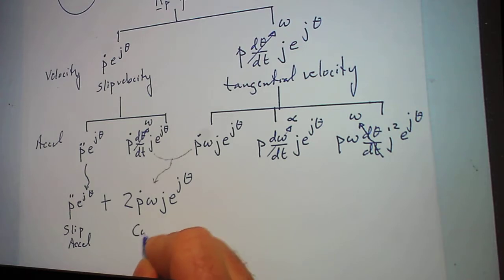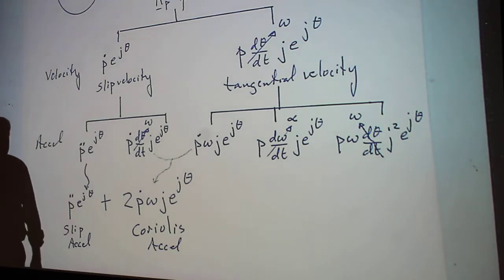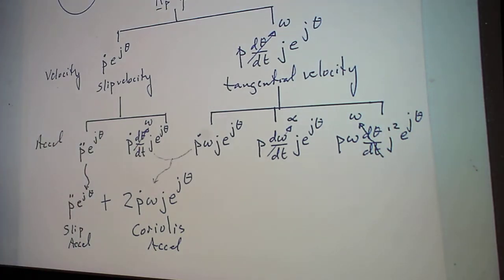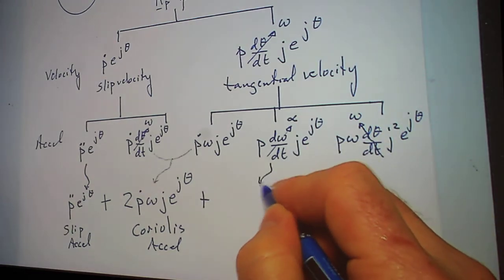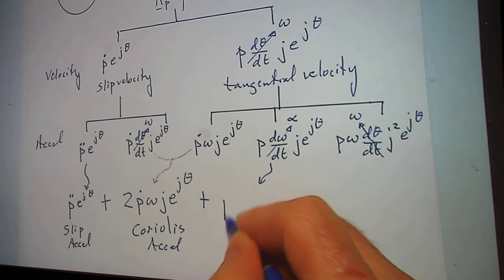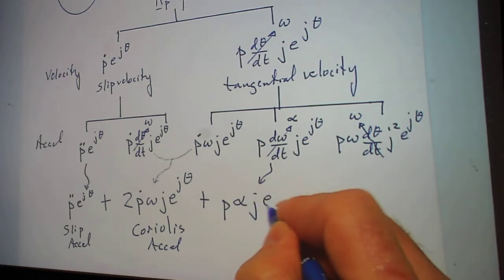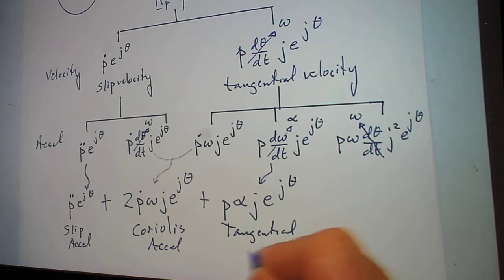This is what we call the Coriolis acceleration, and I'll talk about physically what that means in a second, but that's the Coriolis component there, which is a new component as far as we're concerned in this class. And then plus, if we take this one down, this is P alpha j e to the j theta. This is the tangential acceleration.